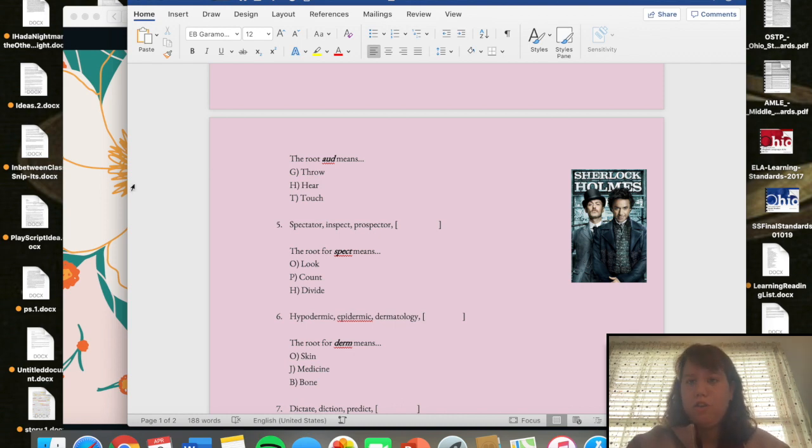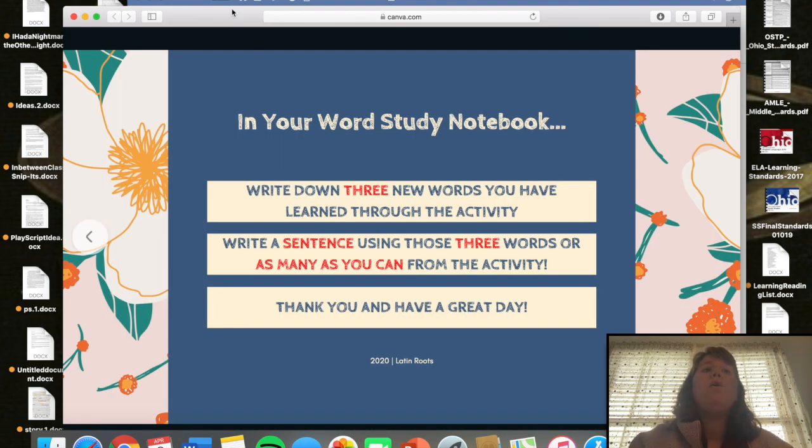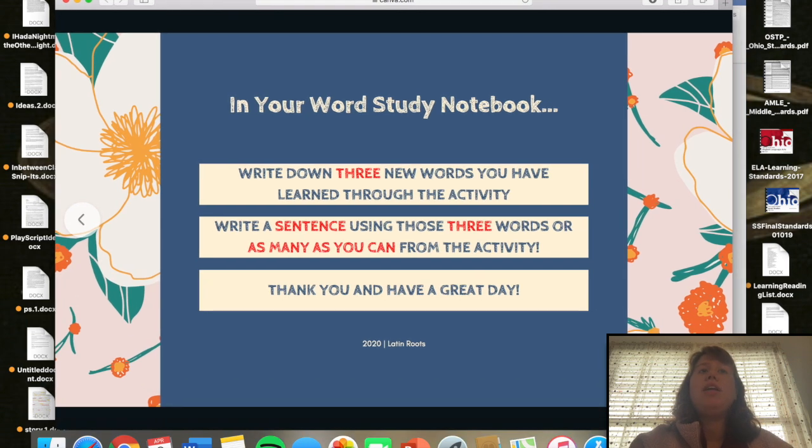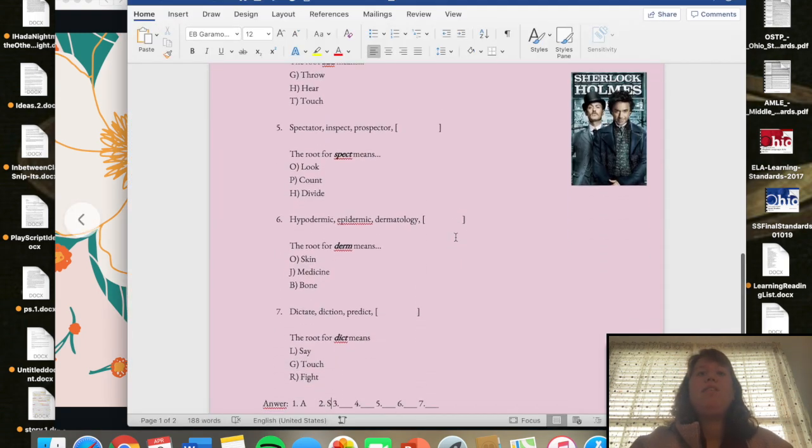I highly encourage using a dictionary of your own, or a highly regarded dictionary source like Merriam-Webster dictionary online. But write down 3 new words that you have learned through this activity, and then write a sentence or 2 or 3 sentences, depending on how much you can fit in, using those 3 words, or as many other words from the activity as you can.